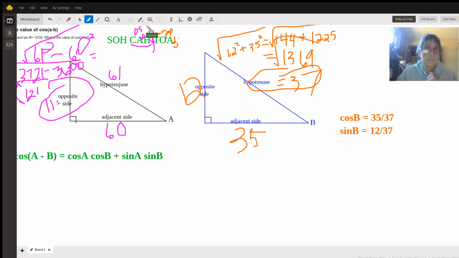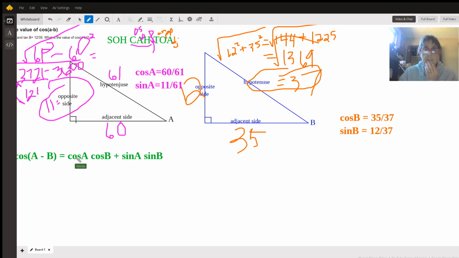And so now I know that the cosine of A, which was given, is adjacent over hypotenuse, while the sine of A is opposite, which is 11, over the hypotenuse. And now I just put them together in this formula down here.